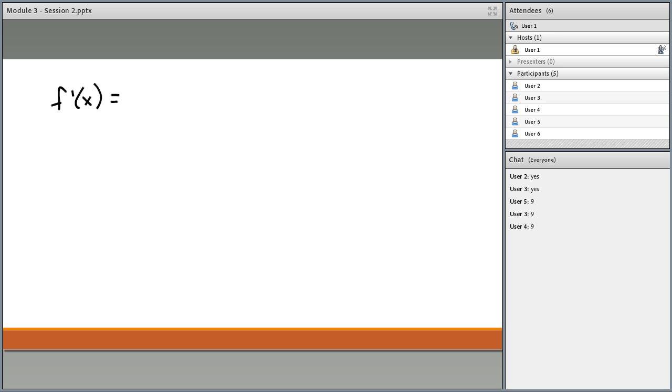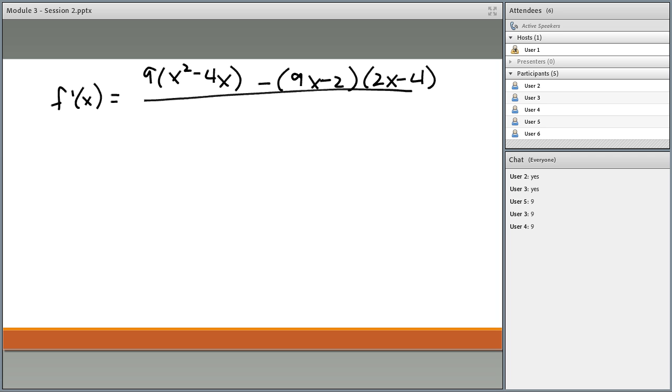So we just found that the first derivative was 9 times x squared minus 4x minus 9x minus 2 times 2x minus 4 all over x squared minus 4x squared.